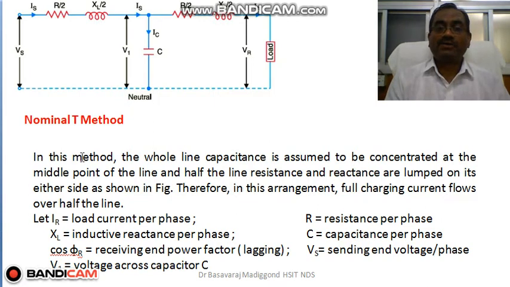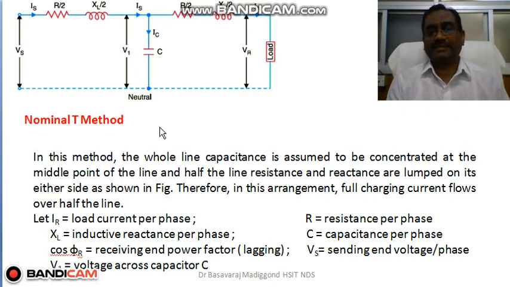So it looks like a T, right? That's why it's called the nominal T method.